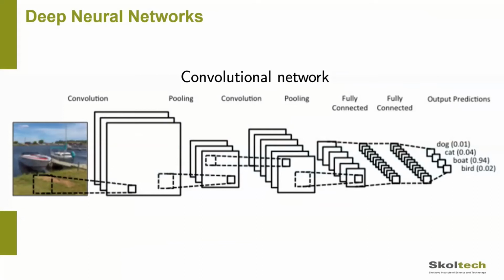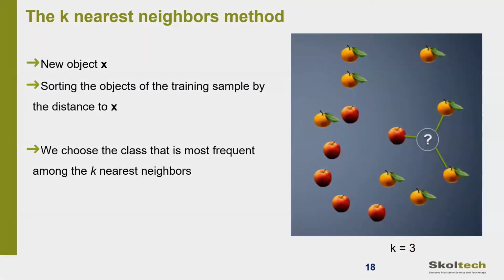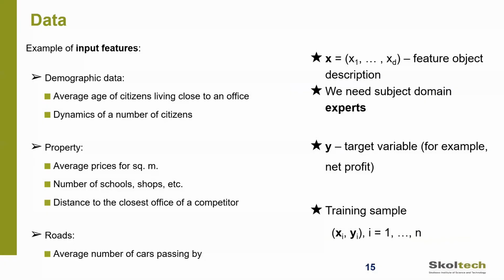Another important class of machine learning algorithms is based on deep neural networks. Let me remind you of the example about where we would like to put an office. Here we expect that we have some features describing a possible location of an office. And the only possibility to get these features is to consult with subject domain experts, a person who knows this business very well.